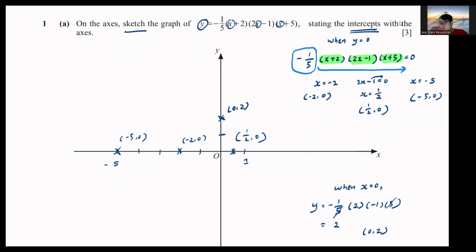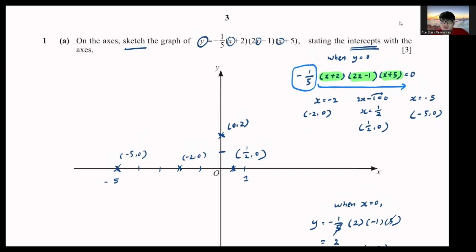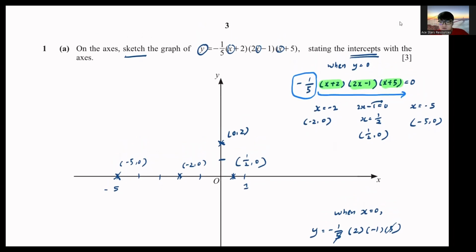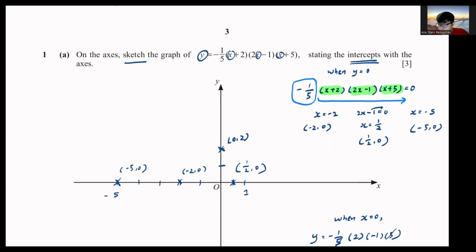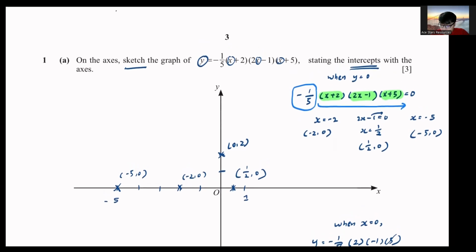Now, this is where things start to get a little bit tricky. How are you going to know what your graph will look like? Because eventually this is not going to show how you sketch the graph. So I have one tip and one trick. Normally when it's a positive polynomial, you end up with a graph like this.